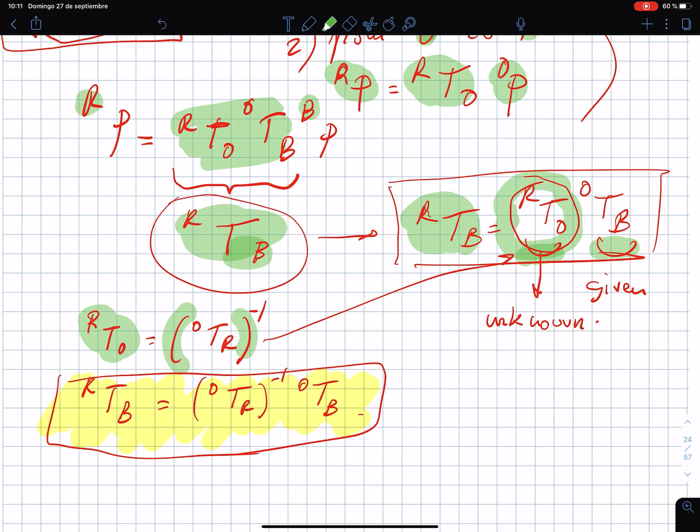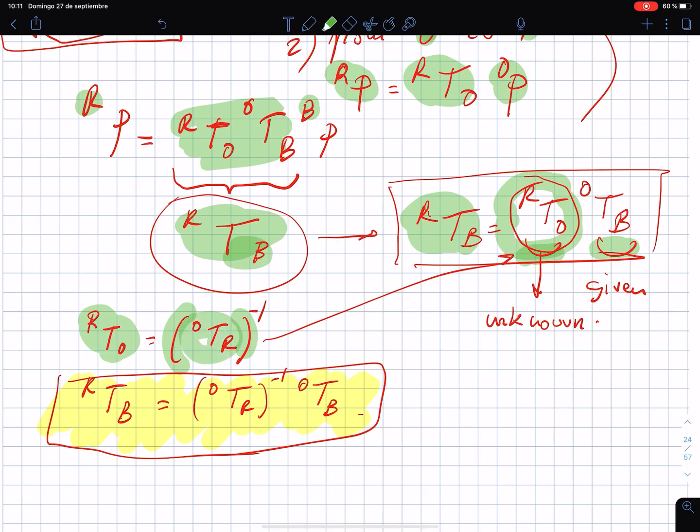The inverse matrix of 0TR is not the same as the transpose, okay? It only happens for rotation matrices, but the homogeneous transform matrix has more than a rotation matrix. It also has the translations. And if it has a translation, then it breaks the orthonormality of the matrix. So we have RT0 equals 0TR to the minus 1.